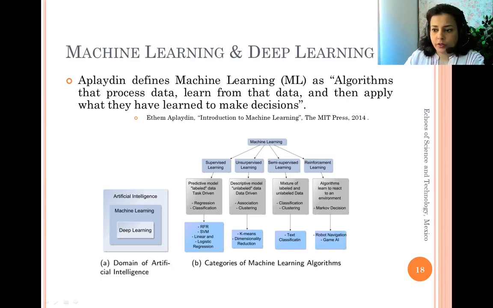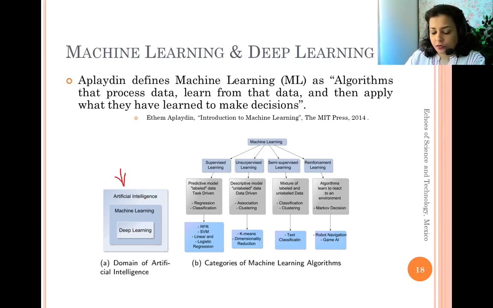Recently, machine learning and deep learning approaches have become very popular for designing quality assessment methods. Machine learning is defined by Alpaydin in his book Introduction to Machine Learning, where he says that machine learning represents the algorithms that process the data, learn from that data, and then apply what they have learned to make decisions. Inside this image, you can see that machine learning is a subdomain of artificial intelligence, where deep learning is a subdomain of machine learning.